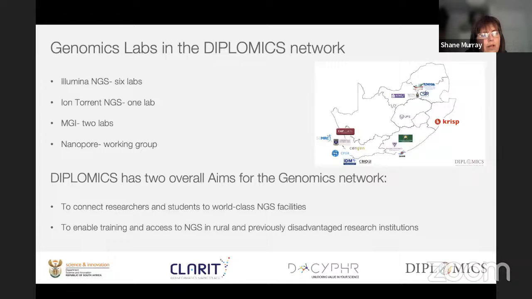Our second overall aim is to enable training and access to next generation sequencing, particularly to researchers and students who are in rural institutions or in previously disadvantaged research institutions. As Tim has pointed out, there are hubs of expertise in South Africa, predominantly in Gauteng, Durban and the Western Cape. So we want to spread the infrastructure through the country more, to enable researchers in other provinces in South Africa to also have access to technology.